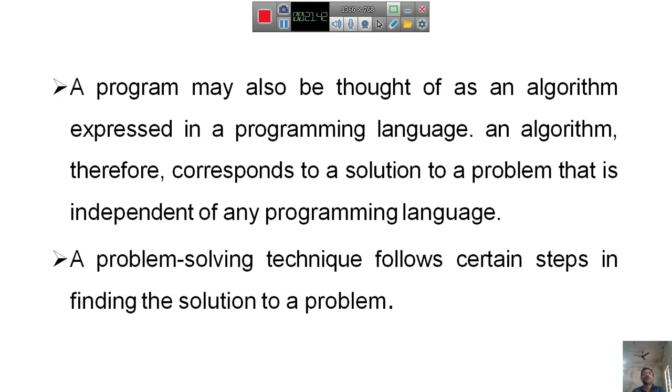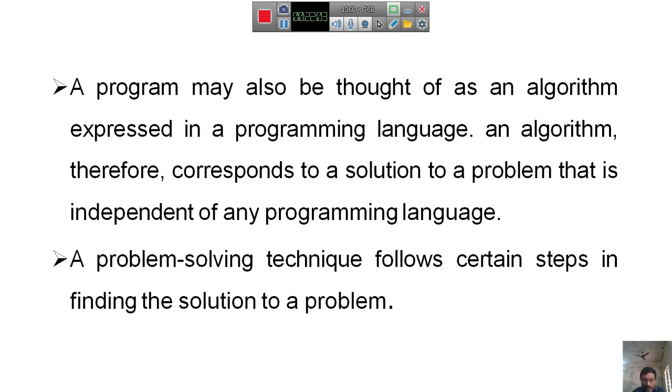If you are using a computer to solve the problem, we have to write the steps to solve the problem so that they are understandable by the computer language. That is called a program.